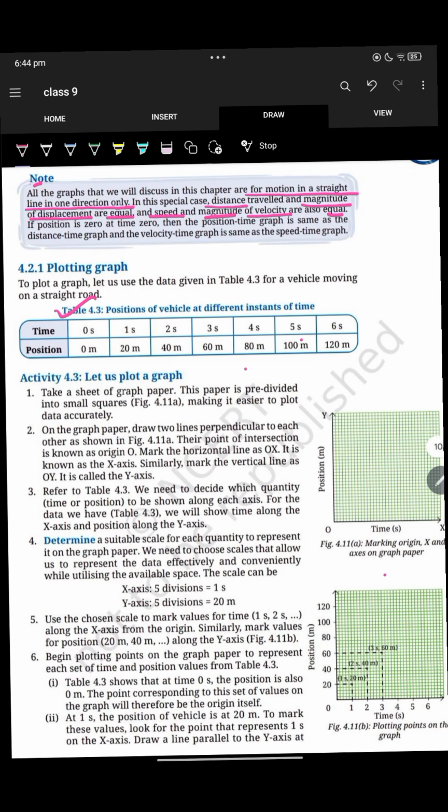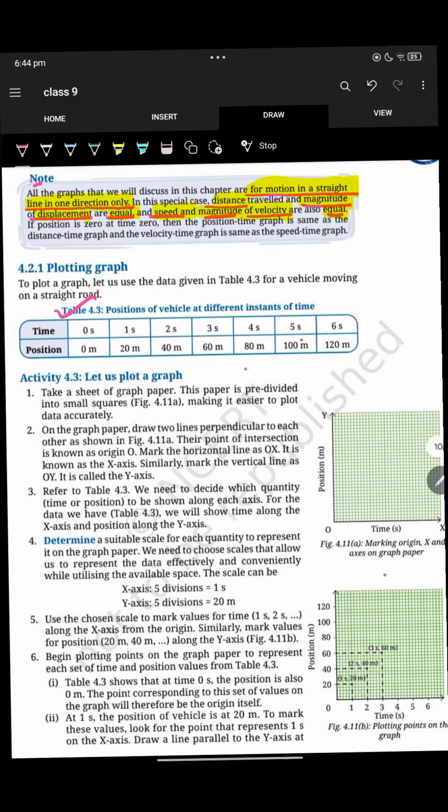But we are considering motion in a straight line, without any change in direction. So for motion in a straight line in one direction, distance and displacement will have the same magnitude, and so do speed and velocity.